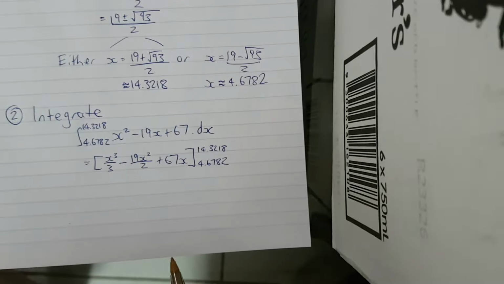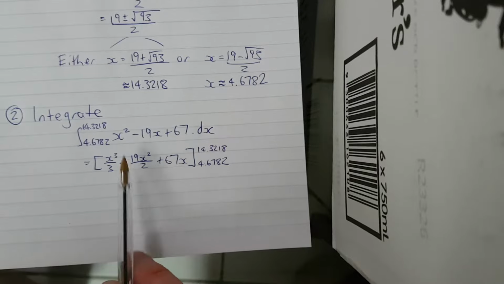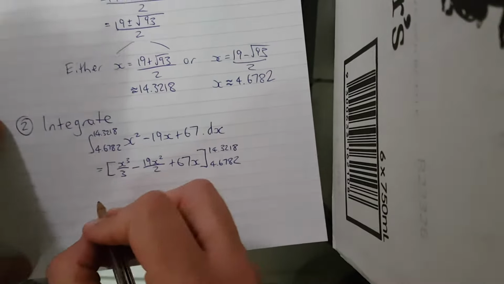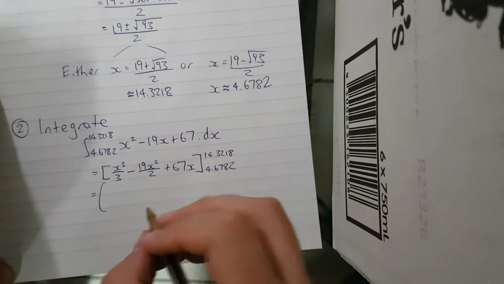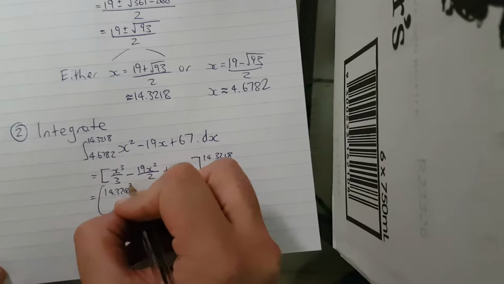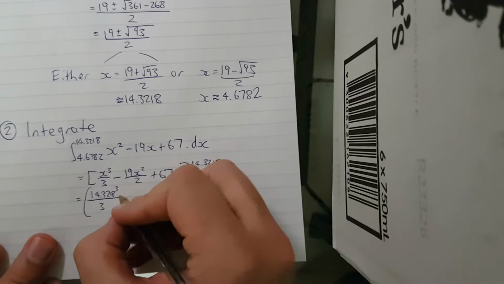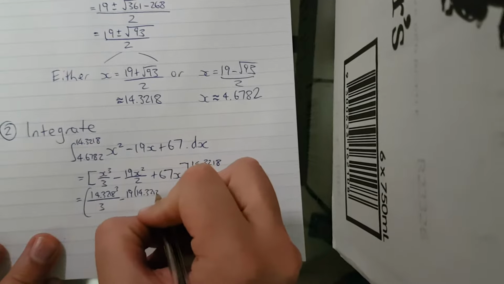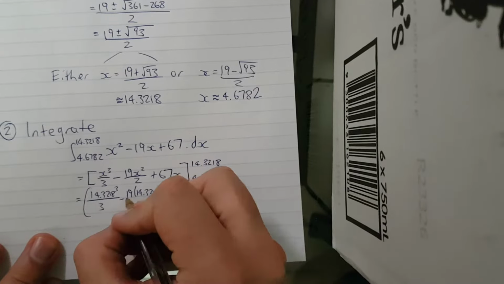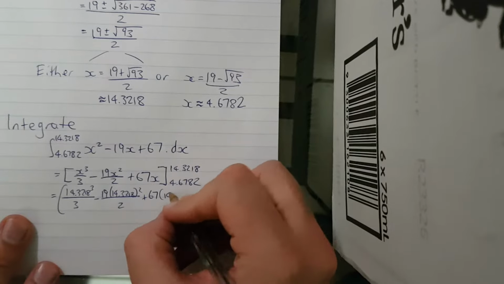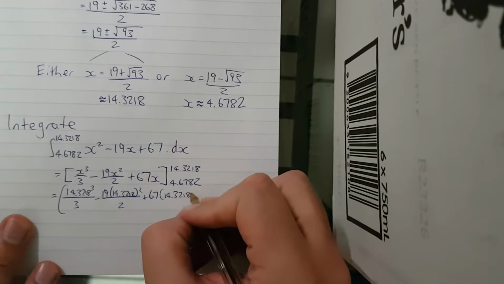Alright, so now we do as we normally do a definite integral. We're going to substitute that value in and then take away what we get if we substitute the second value. So it's going to be messy. 14.3218 to the power of 3 over 3, take 19 times 14.3218 to the power of 2 over 2, plus 67 times 14.3218.